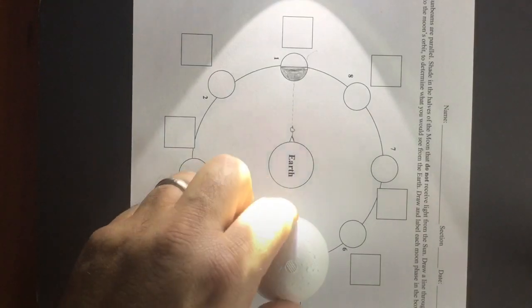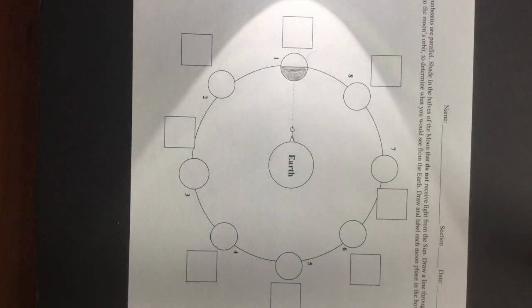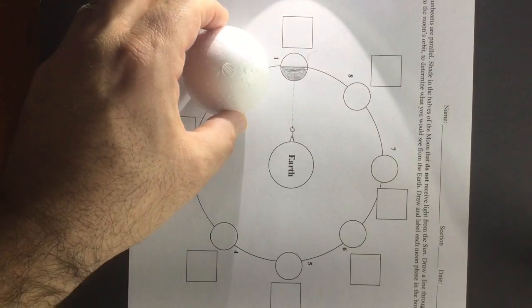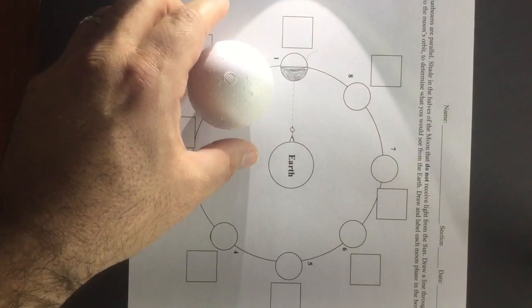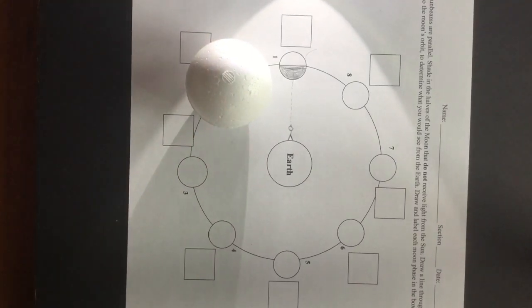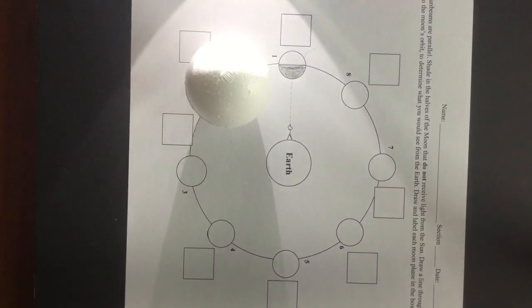I'm going to draw one more of these in this picture, remembering that we need this light to come in such a way that it is parallel. I'm going to have to move my light source a little bit.